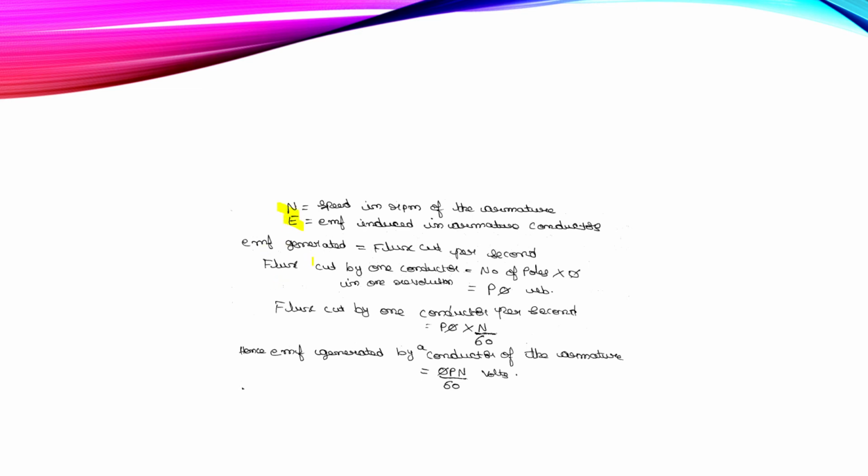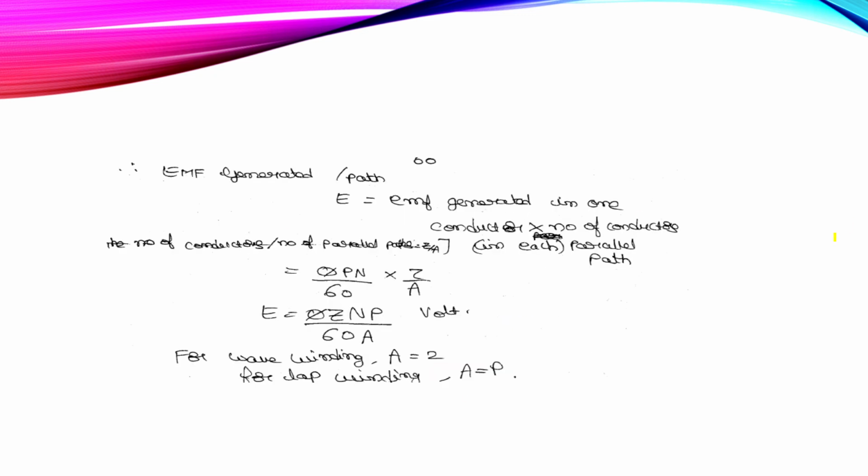The flux cut by one conductor in one revolution is the number of poles multiplied by the flux, so it is P into phi webers. Flux cut by one conductor per second will be N by 60 multiplied by P into phi. So the EMF generated by a single conductor will be equal to phi P N by 60 volts.